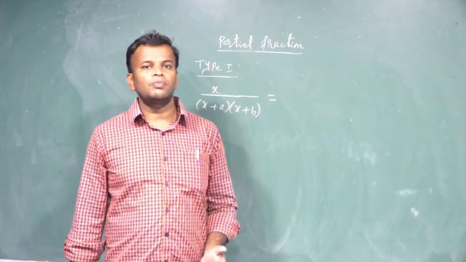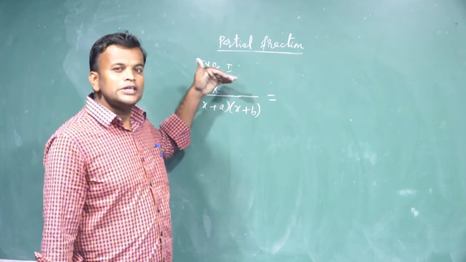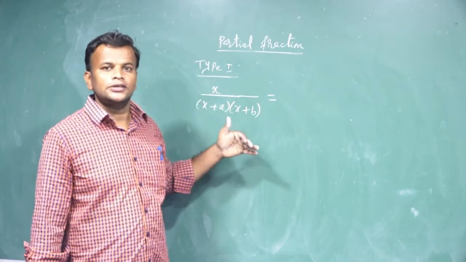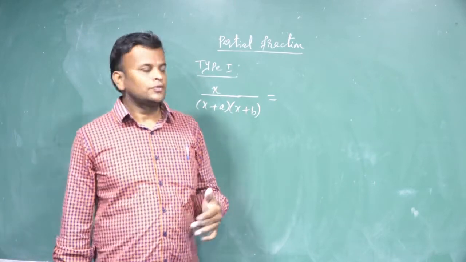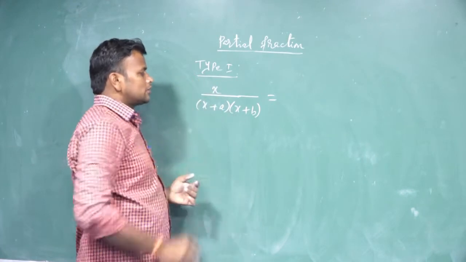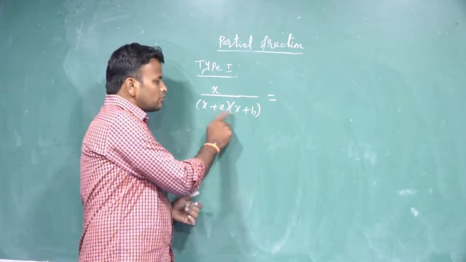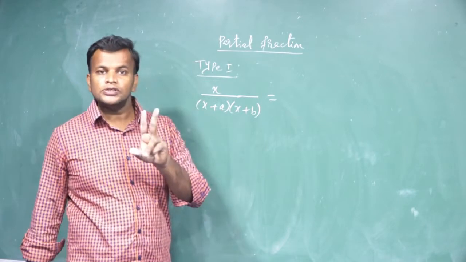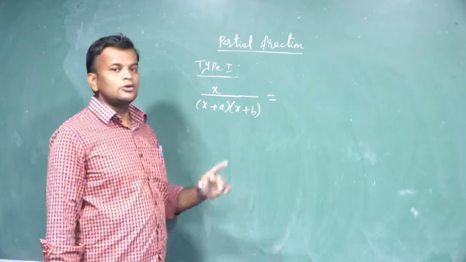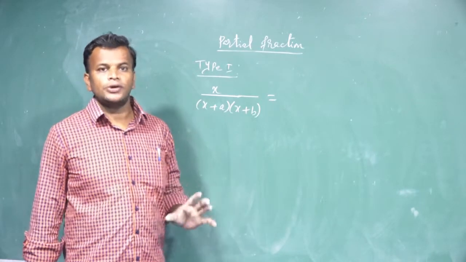You know what is meant by proper? The degree of the numerator should be less than the degree of the denominator. It is called proper. The degree of the numerator, degree means the variable power, is just 1. For the denominator, we multiply, x into x is x square, power is 2. So this is proper. So partial fraction is possible only when the given fraction is proper.